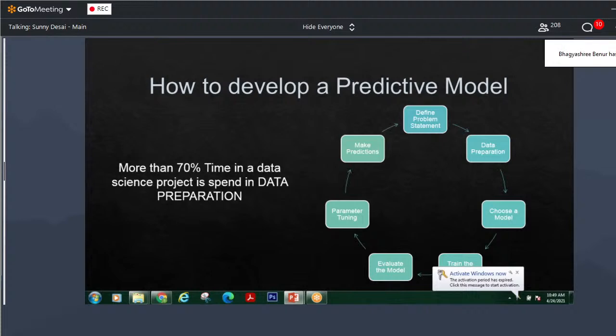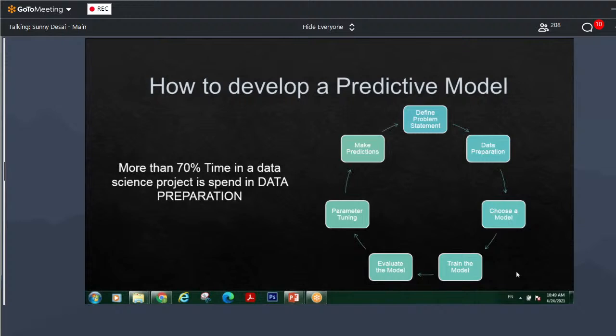Now think of it from a COVID point of view. You are developing a model that is going to predict how far COVID is going to spread in some region, say in Mumbai. But the data that you have is not correct. You're not using correct data; whatever you got from the internet, whatever you got from some other sources, you simply put into a machine learning model and start developing a model.